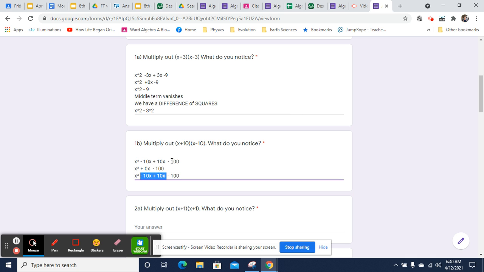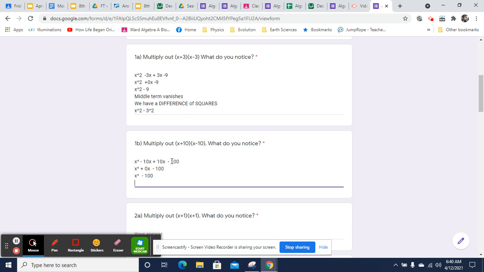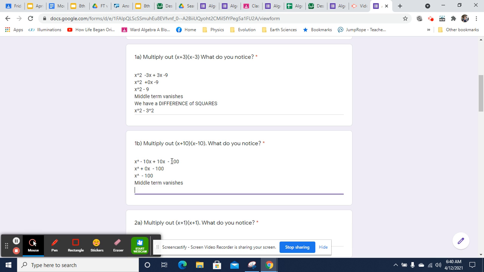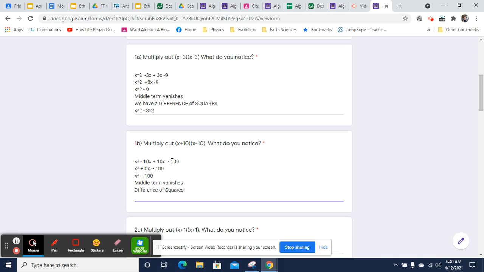So we cancel that 0x out, and we end up with just x squared minus 100. Again, the middle term vanishes. Difference of squares: it is the same as the first term squared minus the last term squared. So 10 squared. So literal difference of squares.